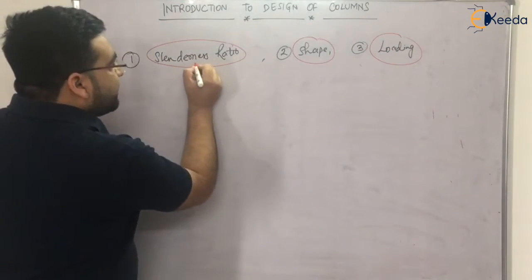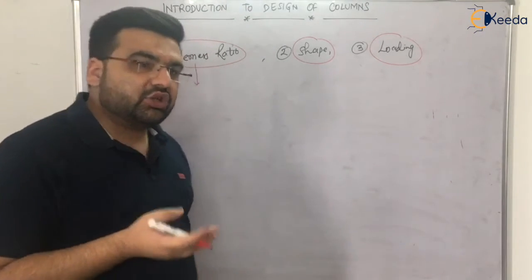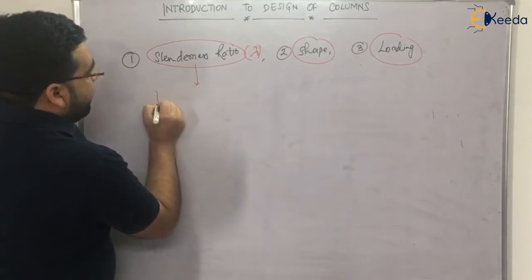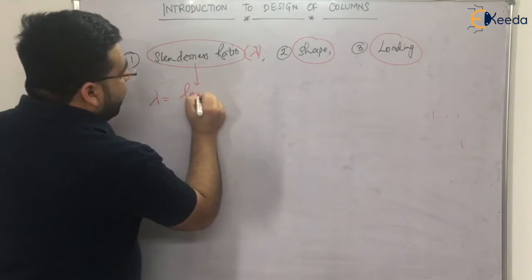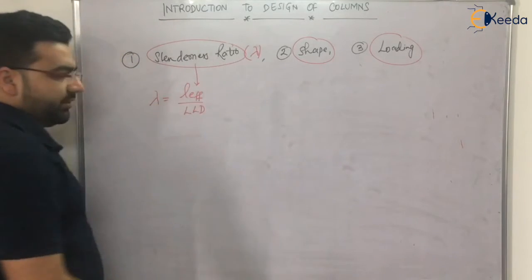Now on the basis of slenderness ratio, first of all, what does slenderness ratio mean? Slenderness ratio in a column is denoted by lambda. Lambda is equal to effective length divided by the least lateral dimension.